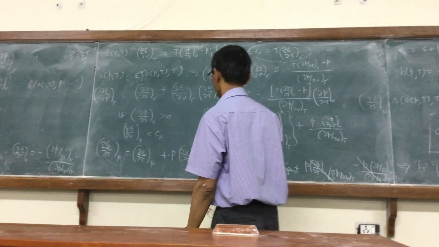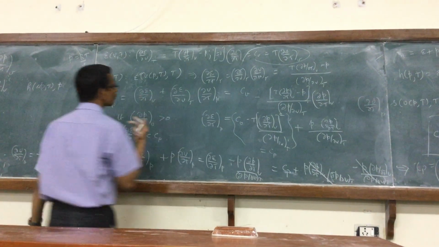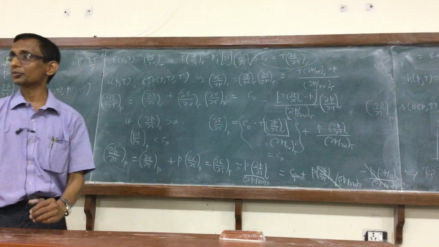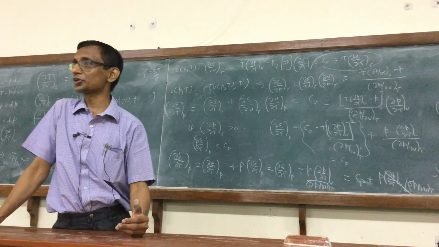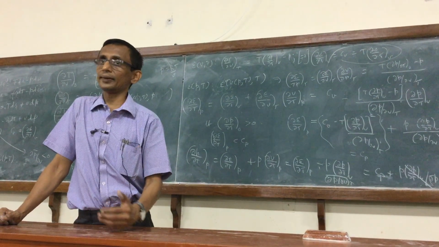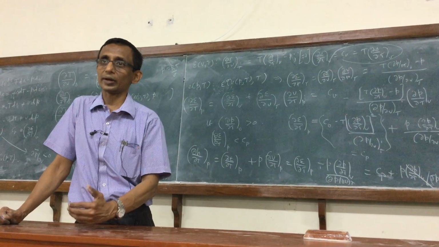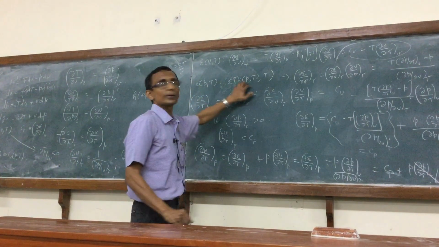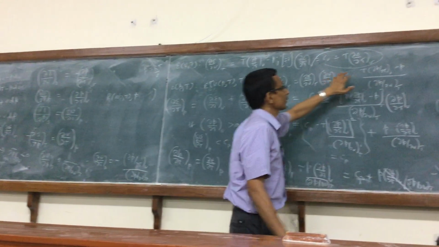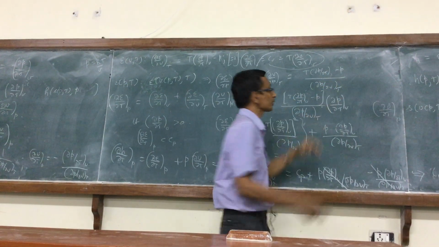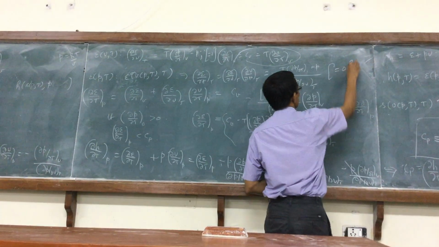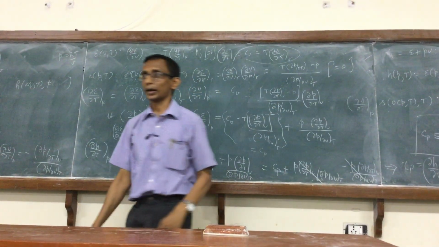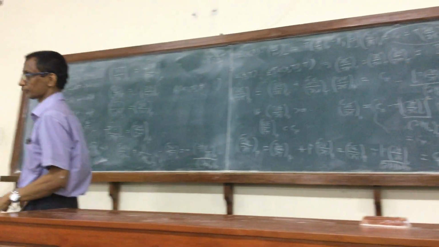And what can you say about dE by dP, it should also then vanish, right? Because E is a function of T and V, and I say dE by dV is 0 for the ideal gas. That means E is a function of T alone. So dE by dP must also vanish. That's clearly also 0 for the ideal gas.